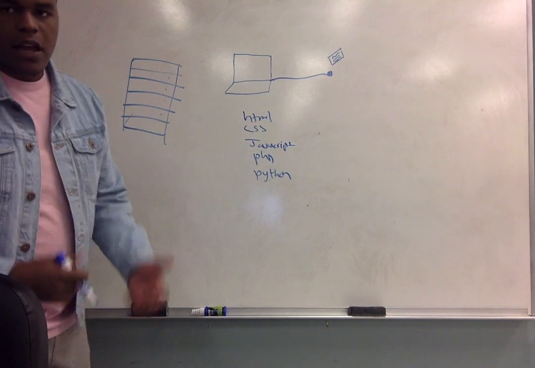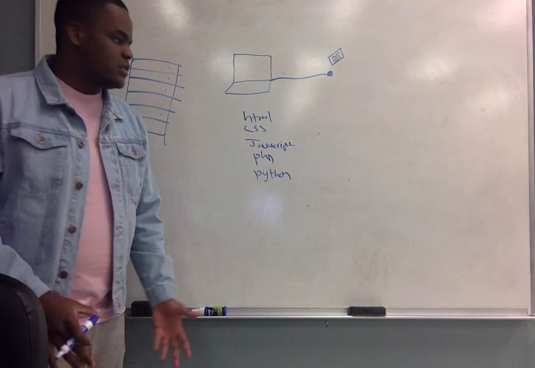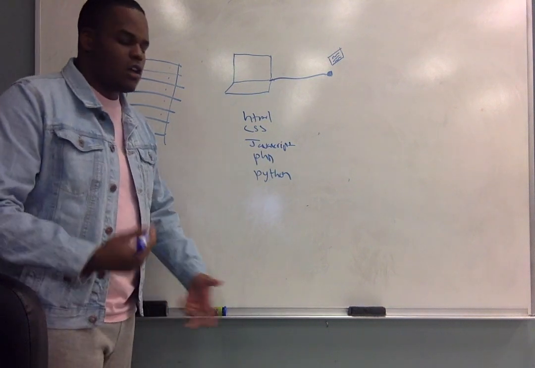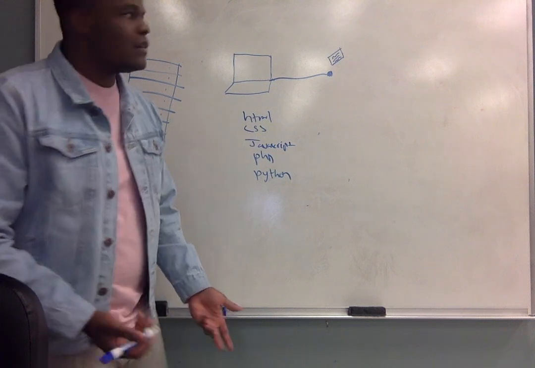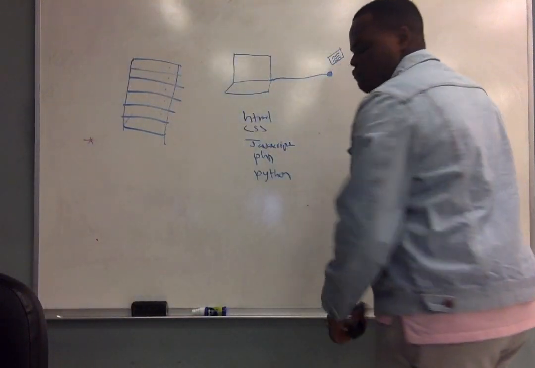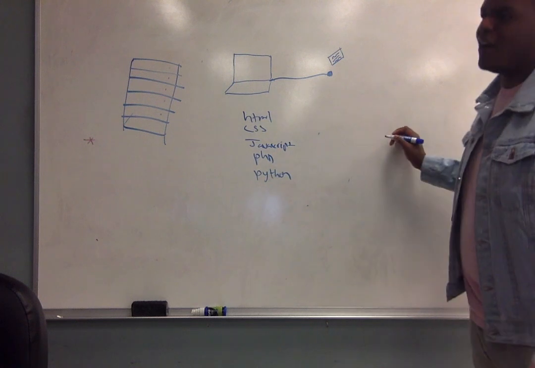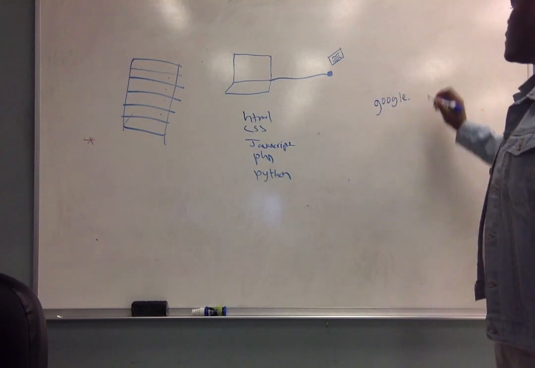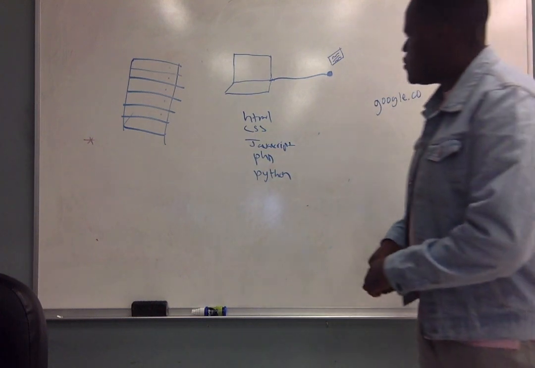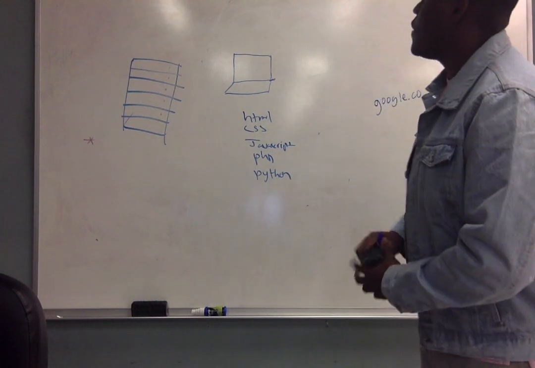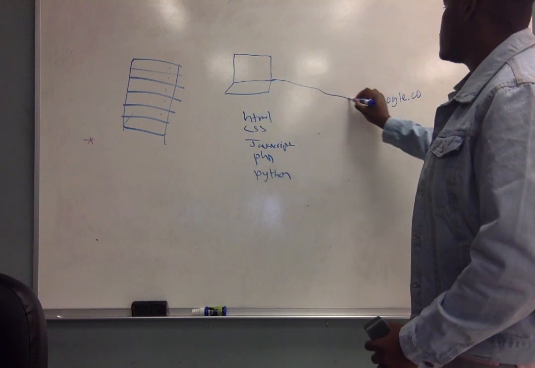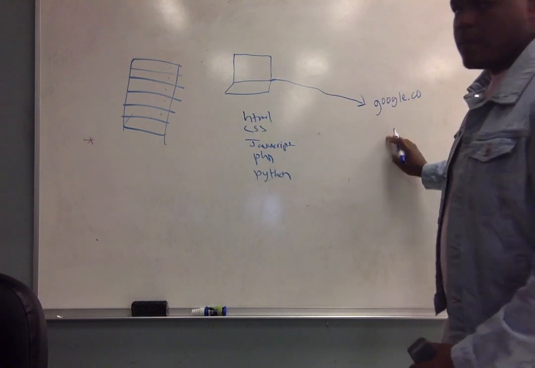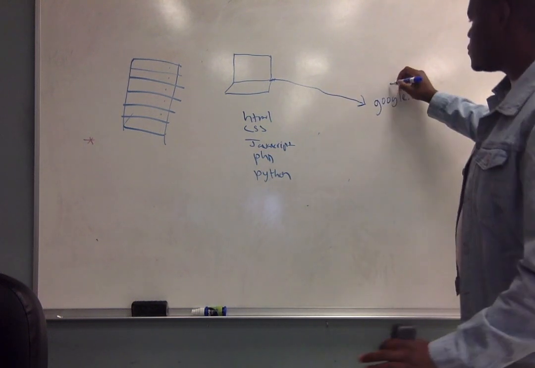So I'm going to give you a scenario, right? Let's talk about what happens when we go to something like Yahoo.com or Google.com. What's happening is your computer is going to this domain, Google's computer, Google's special computer.